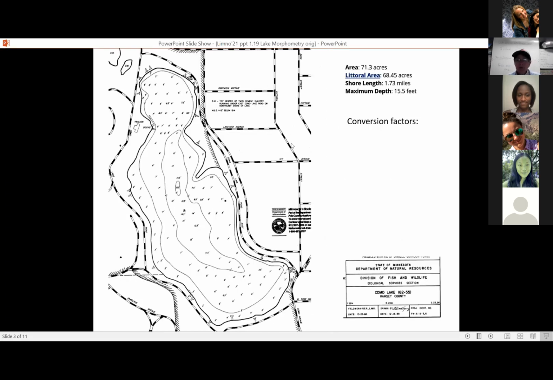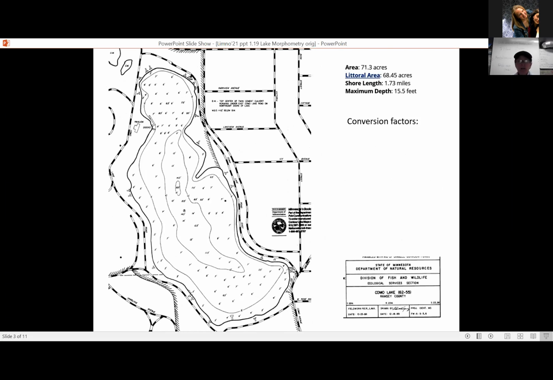Okay. Here is Como Lake. What I would like you to do is take a screenshot of this, for example. Take a screenshot, and then in your breakout room, and hopefully you can read this on the area there, littoral, shore length, max depth.